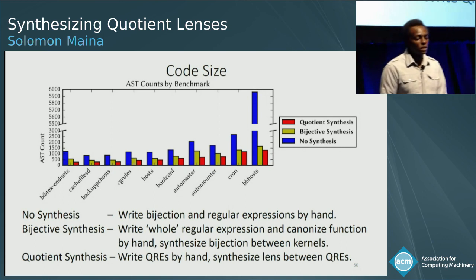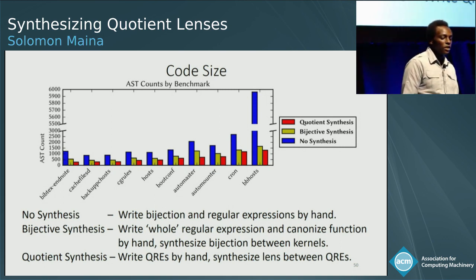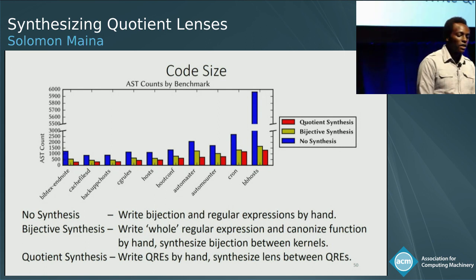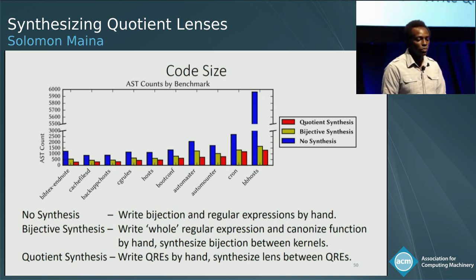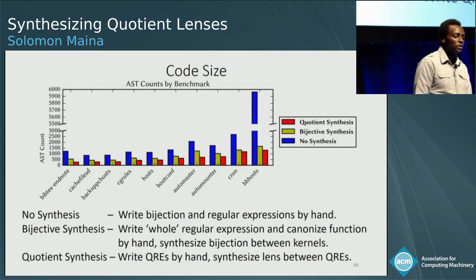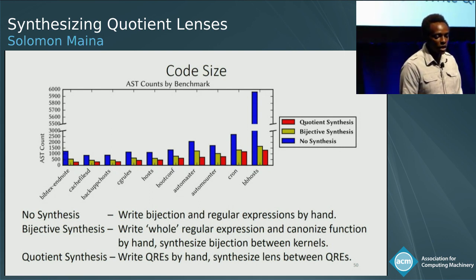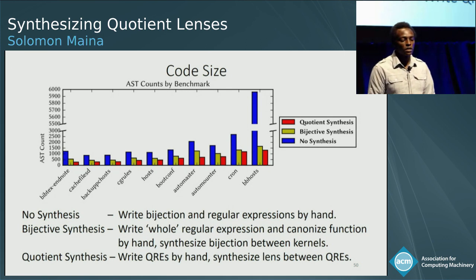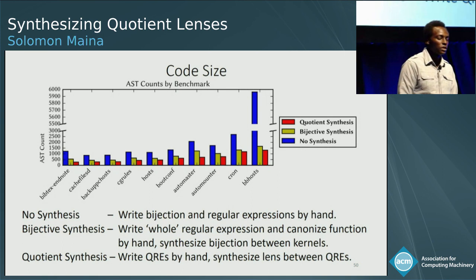In this case, we write the whole regular expression, so the whole format, and we write the canonizer function by hand, but we're allowed to synthesize a bijection between the kernels. And the last kind of program is quotient synthesis. So we write QREs by hand and synthesize lenses between QREs.